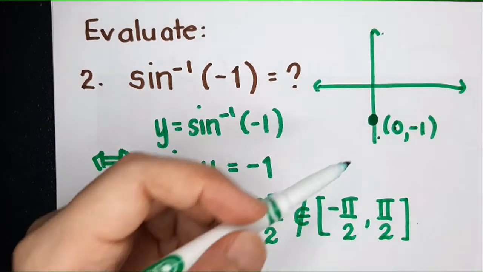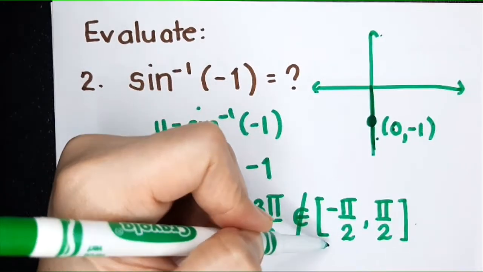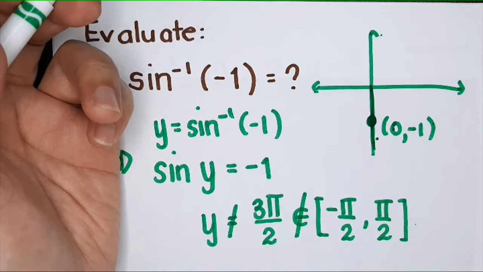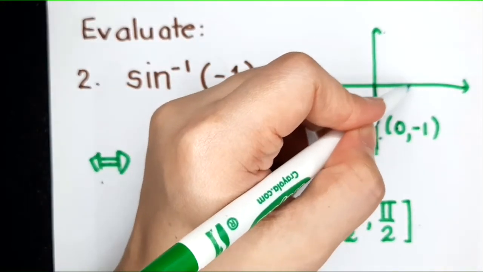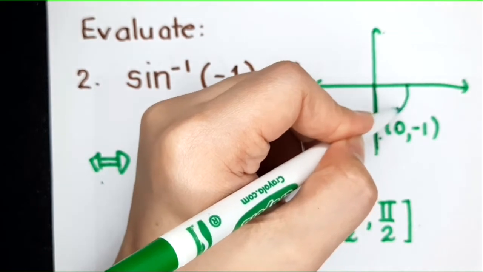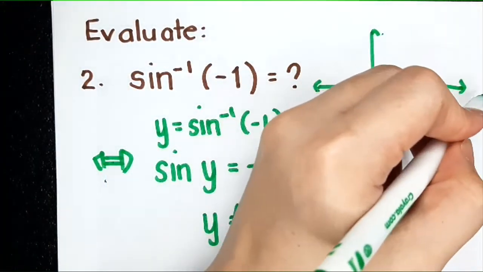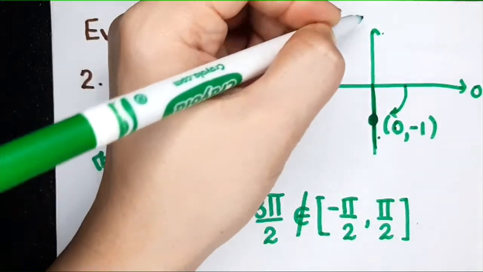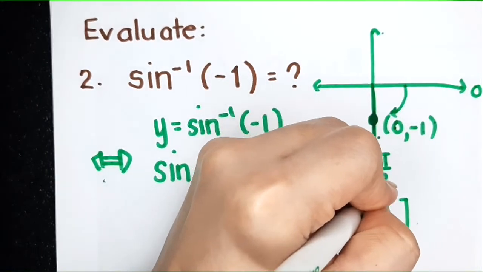Okay? So, ano pa yung magre-represent sa line na ito? Napapasok dito sa interval negative pi over 2 to pi over 2. Paano nyo basahin yung angle kapag clockwise yung direction? Ito ang 0, this is your negative pi over 2.